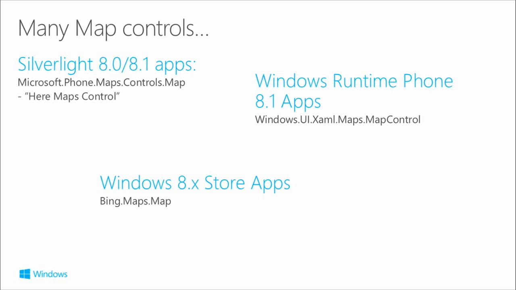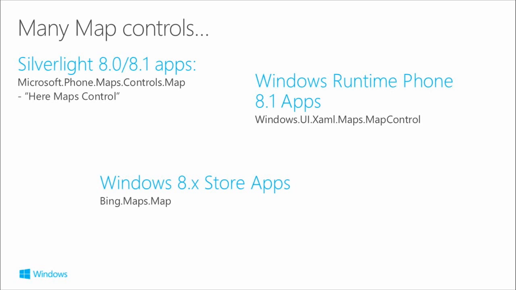If you're working with Silverlight 8.0 or 8.1, you're using effectively the Here maps control, in the namespace Microsoft.Phone.Maps.Controls.Map. If you're using Windows Runtime, Phone 8.1, and that's what we'll be showing here, you're using the Windows.UI.Xaml.Controls.Maps.MapControl. And then if you're using Windows 8.0 or 8.1 Store applications, you're using the Bing.Maps.Map.